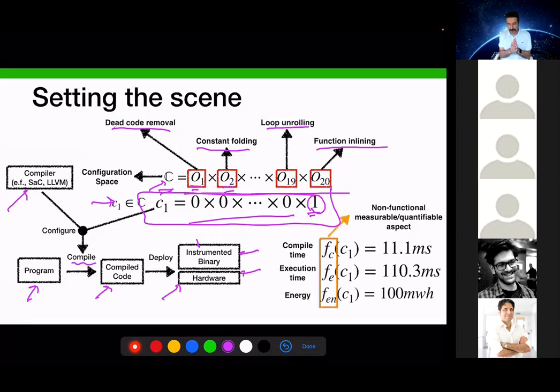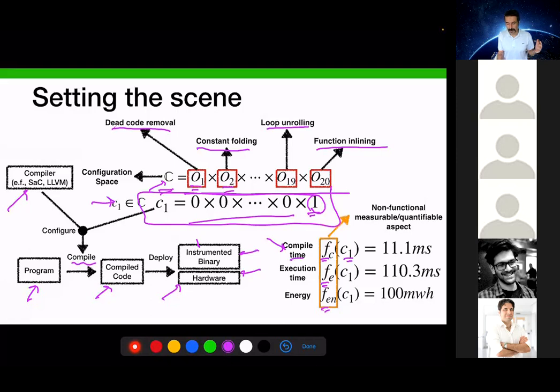And then we have multiple objectives. We can think about them as different functions. We have compile time, and all of these objectives really depend on the particular configuration that we have for the system.